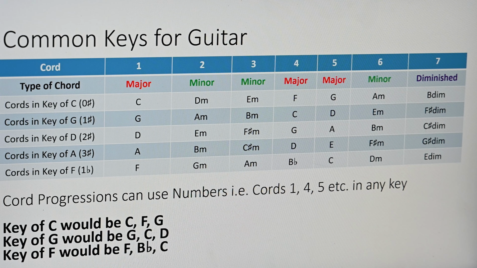If we're playing in the key of G, the 1 chord would be G, the 4 chord would be C, and the 5 chord would be D. So we can play a 1, 4, 5 in the key of G as G, C, D. If we're playing in the key of F, it would be F, B flat, C. So we can use these numbers of chords in the diatonic scale to indicate what the progressions are, and then we can play it in any key based on the 1, 4, 5 chords of that particular key.